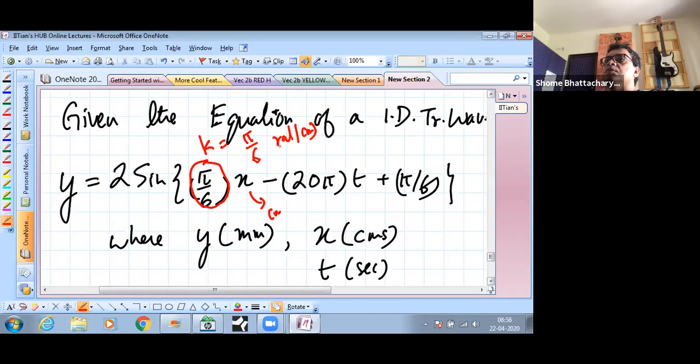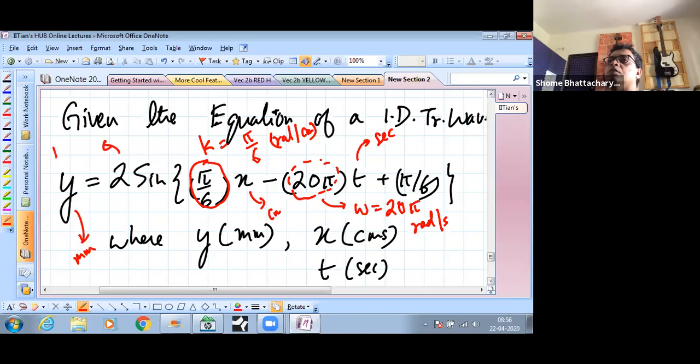Similarly, this quantity here is omega, and t is in seconds. So omega is in radians per second. So omega is 20 pi, radians per second. And here y is in millimeter, so this also becomes in millimeter. So the amplitude is 2 millimeters.